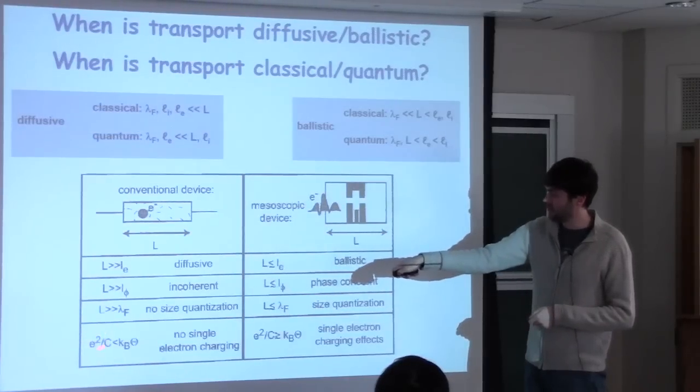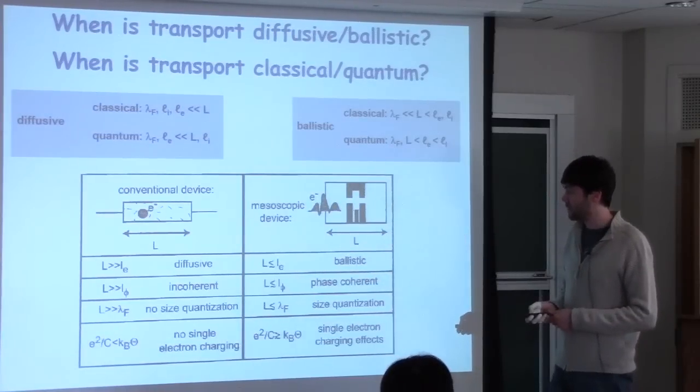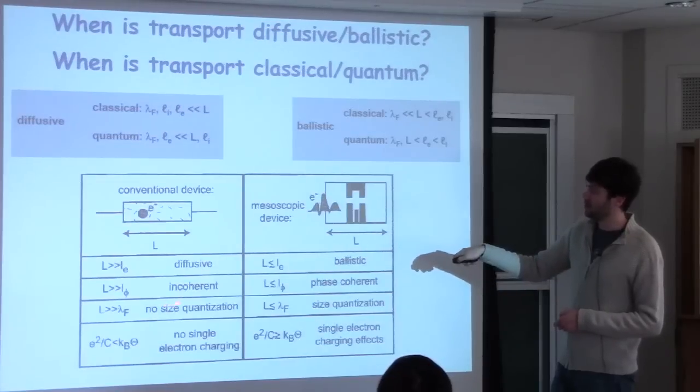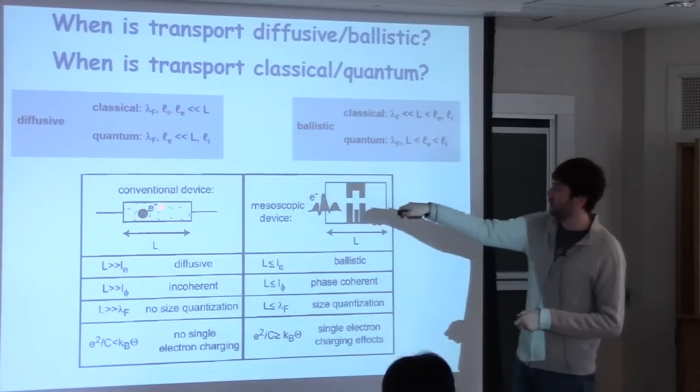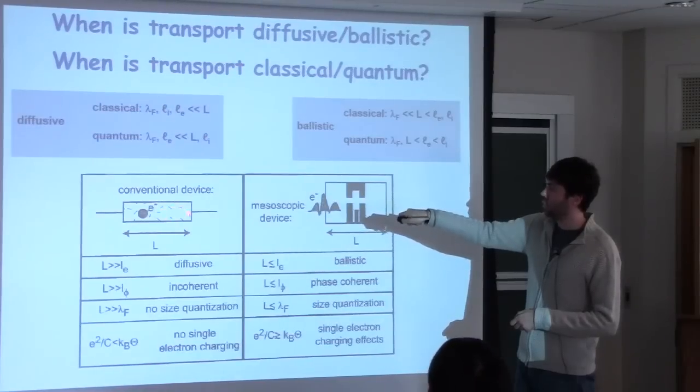But if the charging energy is larger, for example, by making the system smaller, then charging effects might become important. There are also some effects, especially in magnetic field, where you can see a change in transport if you fit a small number of wavelengths or orbital periods inside the conductor.